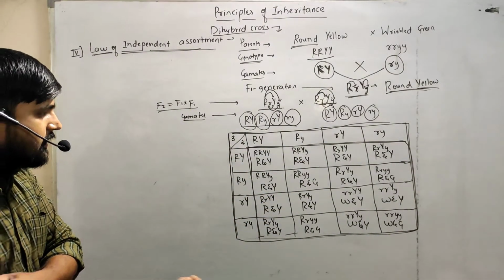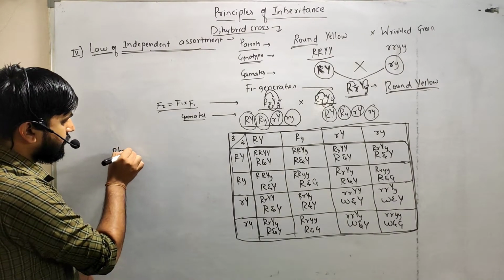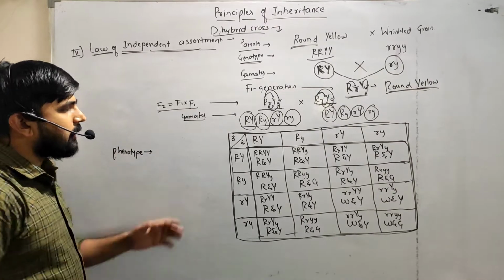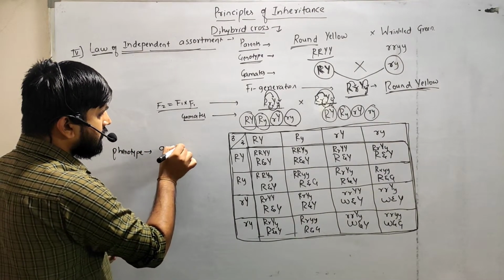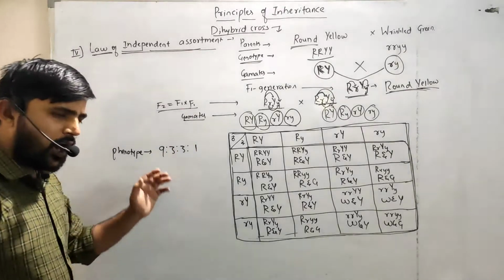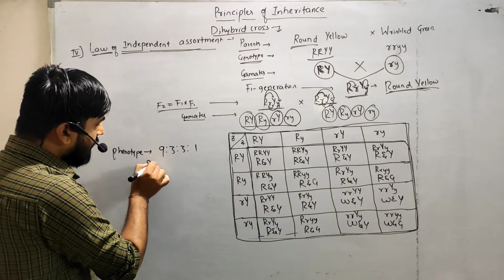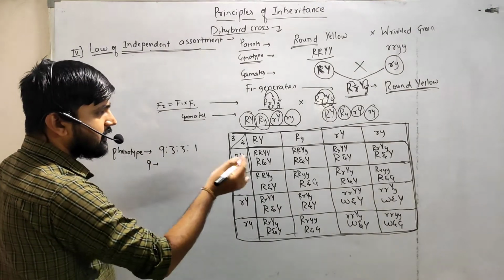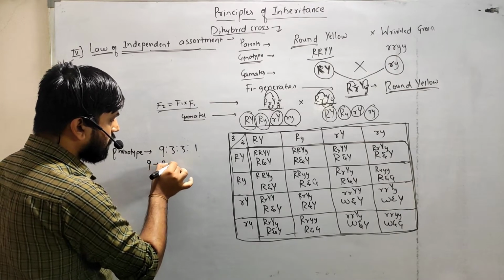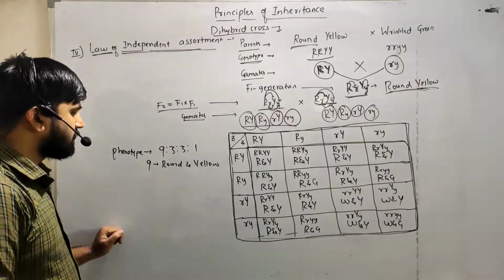If you see the phenotype of the F2 generation, it is 9:3:3:1. How can it be 9:3:3:1? So 9 means 9 of the round and yellow combination, right?